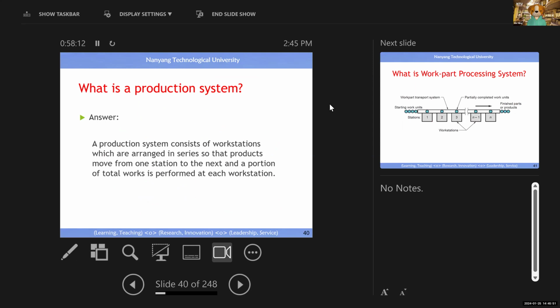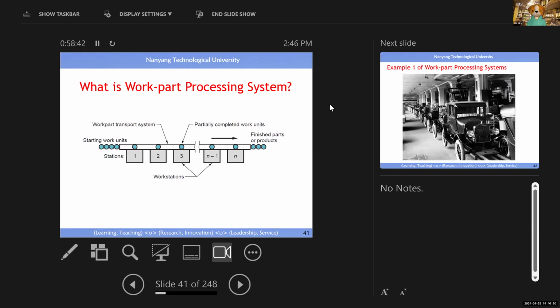So then, based on the previous slide, you can define what is a production system. A production system may consist of a series of automated equipment, automated stations, for the purpose of transforming the geometry of the material at the input into the desired geometry at the output. That's it, right? So this is a production line.